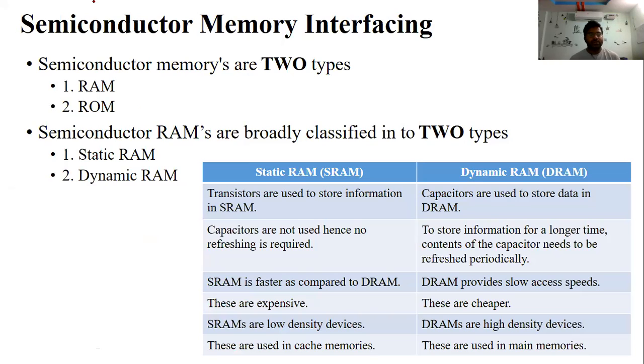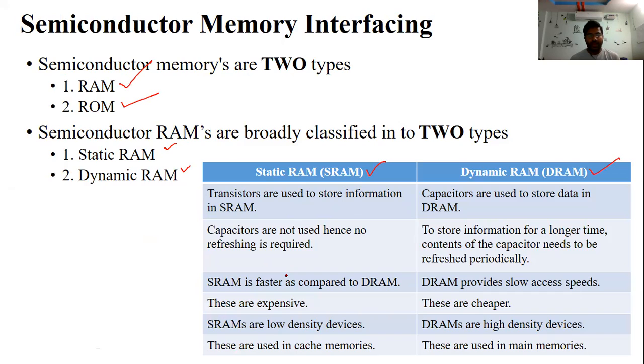Now see this, today's topic is semiconductor memory interfacing. We have two types of semiconductor memories, RAM and ROM. Again, the RAM can broadly be divided into static as well as dynamic RAM. These are some differences between static RAM and dynamic RAM. You can also call it SRAM, and you can also call it DRAM.